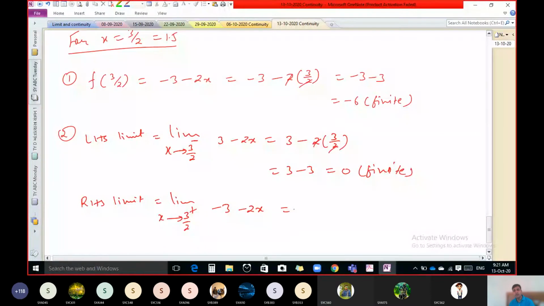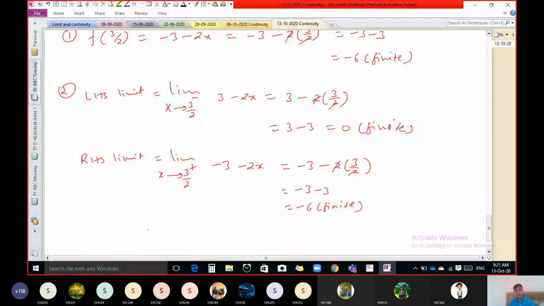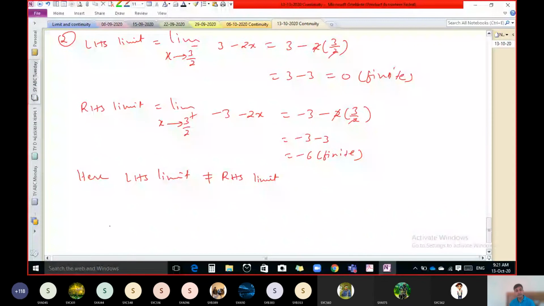Now put x equal to 3 by 2. We get minus 6, which is also finite. So the right hand side limit is possible and the left hand side limit is possible, but they are not equal. Here the left hand side limit is not equal to the right hand side limit. So we can say that the second condition is not satisfied.